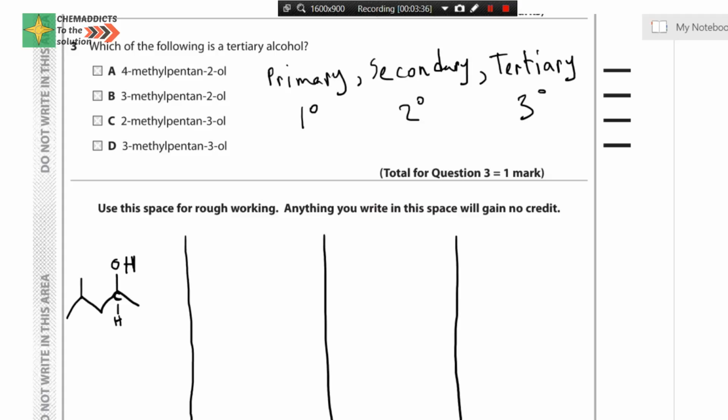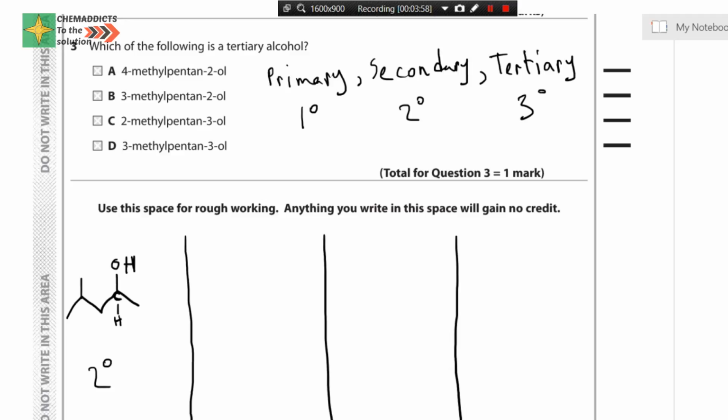So here one bond of the carbon is attached to hydrogen and the other is attached to hydroxyl. This falls into the criteria of secondary alcohol. So this is 2 degree alcohol.